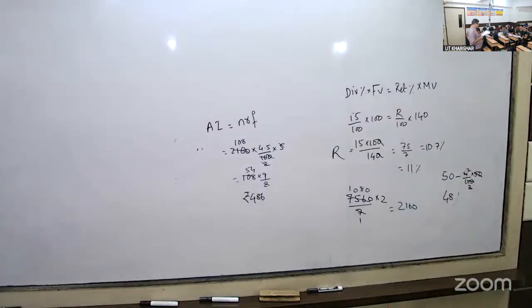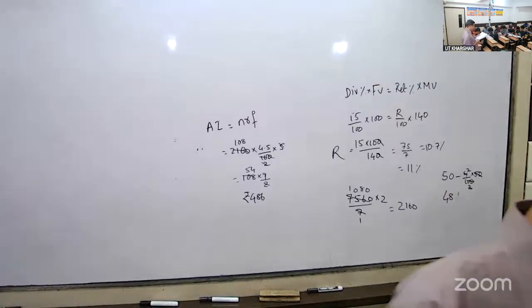Next, for brother B. Sum invested 16,000. Face value 10 rupee. Market value 10 rupee. Both are equal, at par, given.